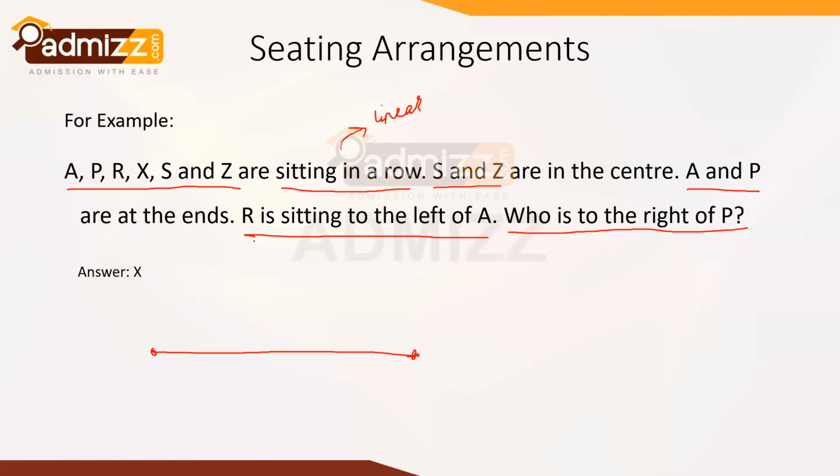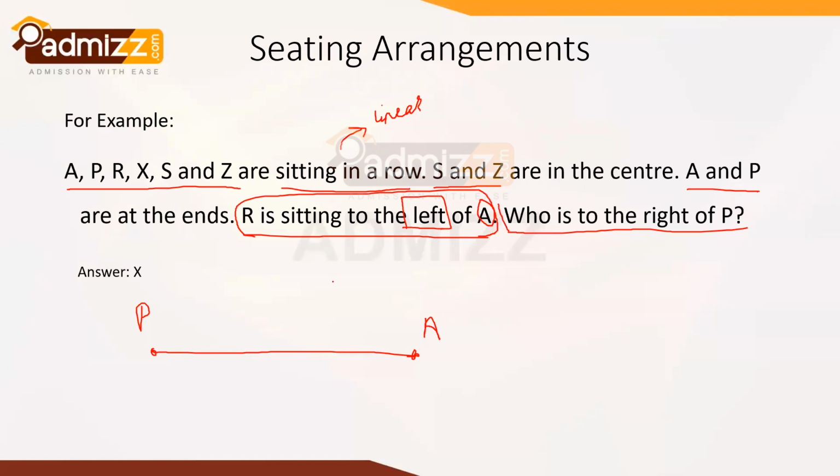But take a look at this particular sentence: R is sitting to the left of A. Now, since A is at the end, this implies that A should be at the rightmost end, because there are people who are present to the left of A. So this directly implies that A should be at the rightmost corner, rightmost end. And obviously P will be at the leftmost end. Is everyone following me on this?